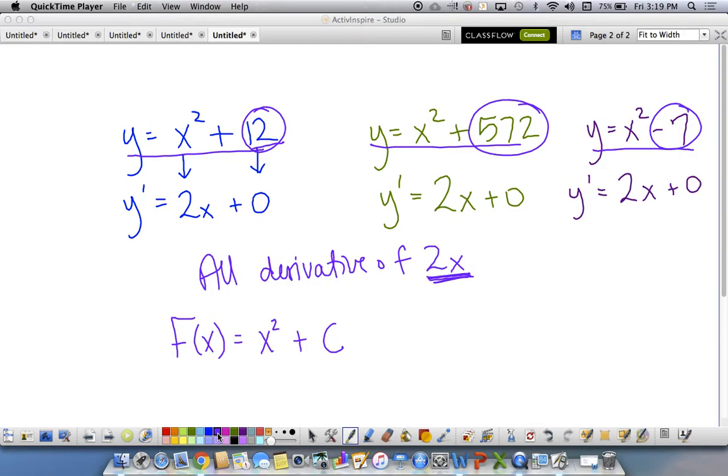The antiderivative of 2x would simply be x squared plus c. So they do a general form.